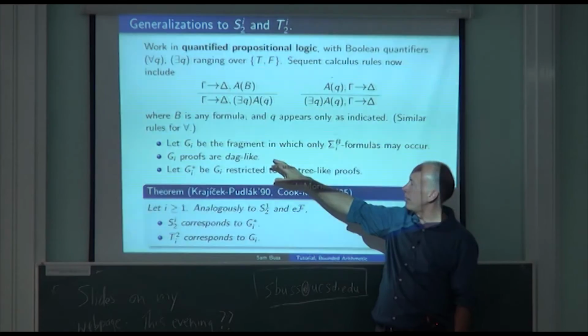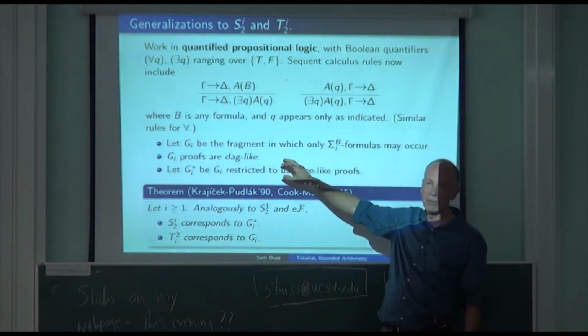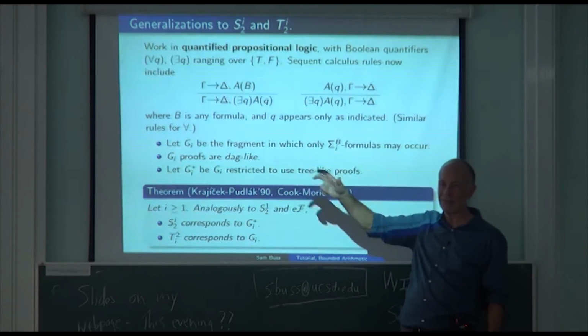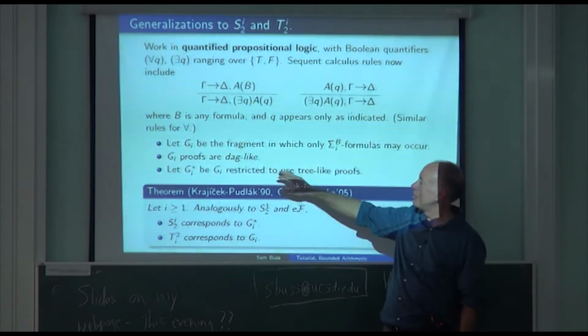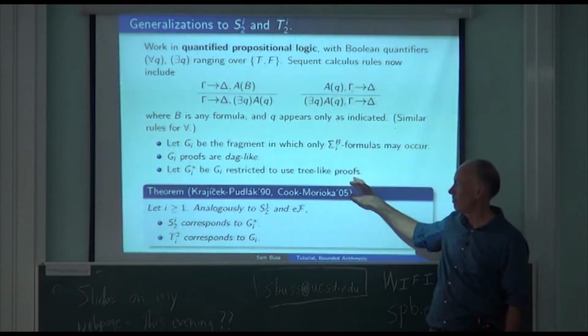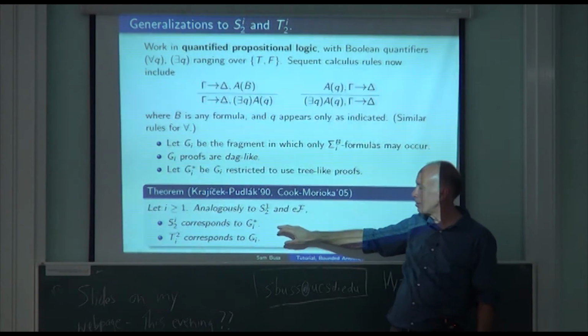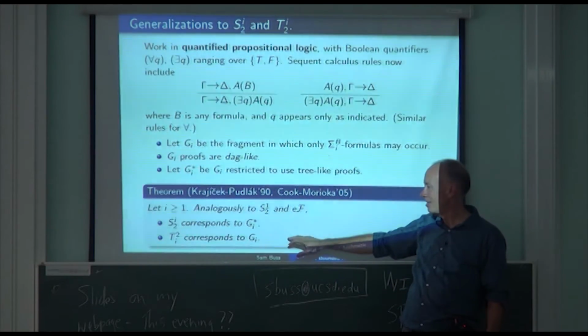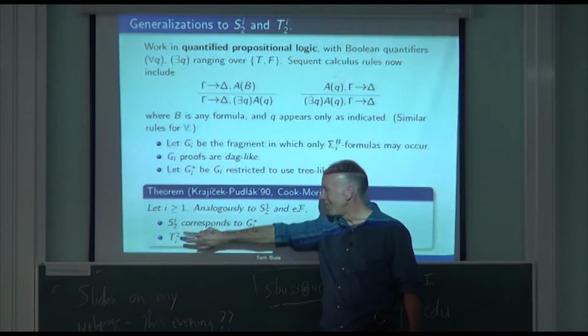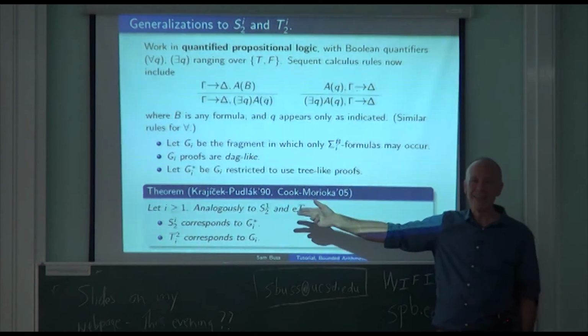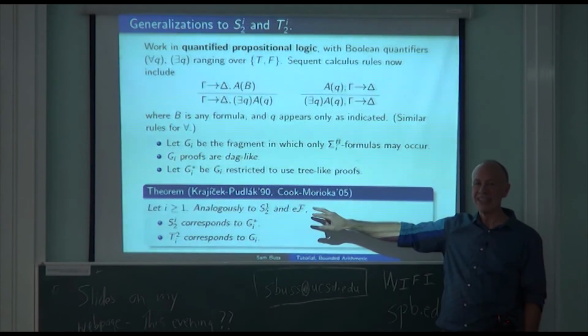G_i proofs are DAG-like. That's a little unusual for the sequent calculus, but this means that you can reuse intermediate results without having to reprove them. G_i star is the tree-like form of G_i. And then there's a correspondence: S^i_2 corresponds to G_i star. Another typo: T^i_2, flip those around, corresponds to G_i.